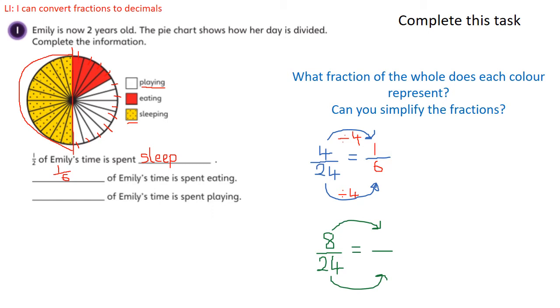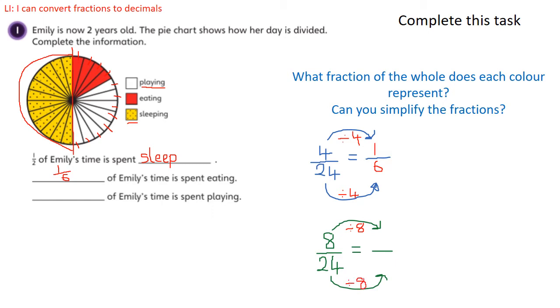Now I'm thinking about my times tables. I can see that both the numbers are even, but actually I know my 8 times table and I'm sure 24 is in it. So I'm going to divide my numerator and the denominator by 8. Because whatever I do to the denominator, I do to the numerator.